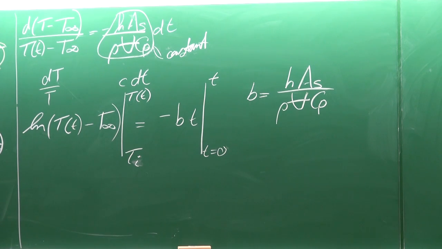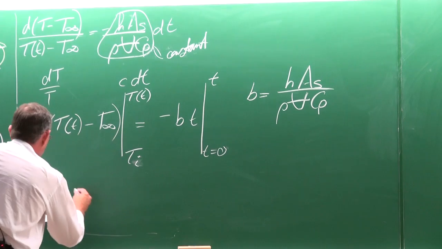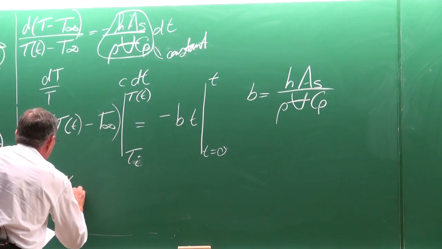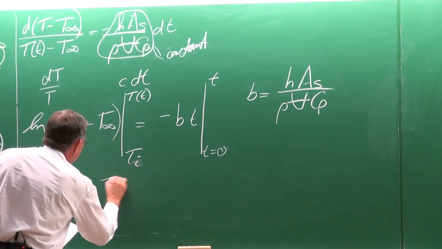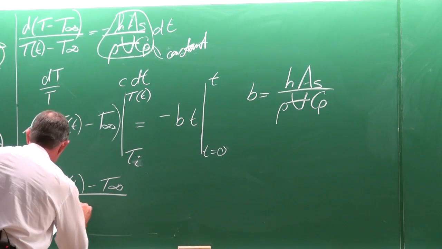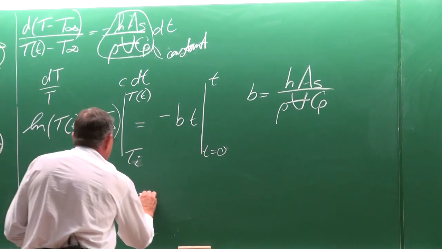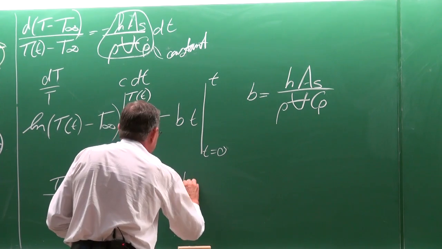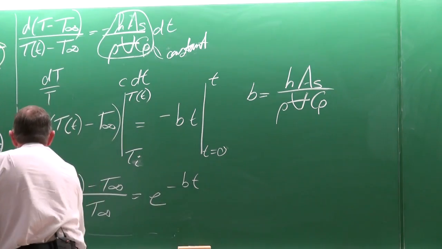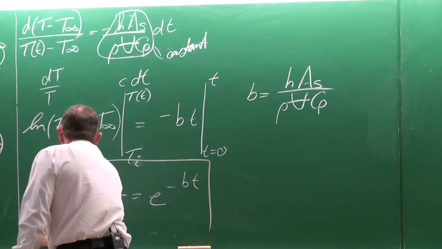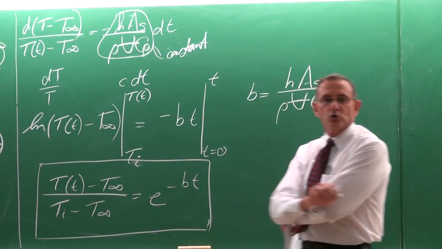So there are all our boundary conditions. We can solve it and make it neat. I'm not going to bore you with that. It's very easy. So the temperature difference, I'm going to write it as that, is equal to e to the minus BT. And that is now the final equation for us, for the lumped system approach.